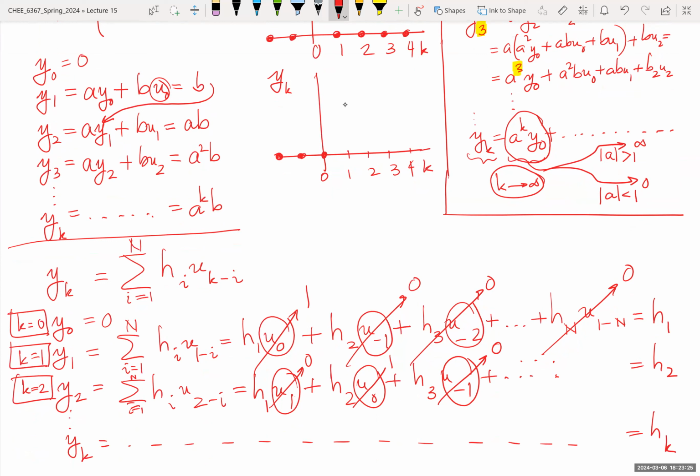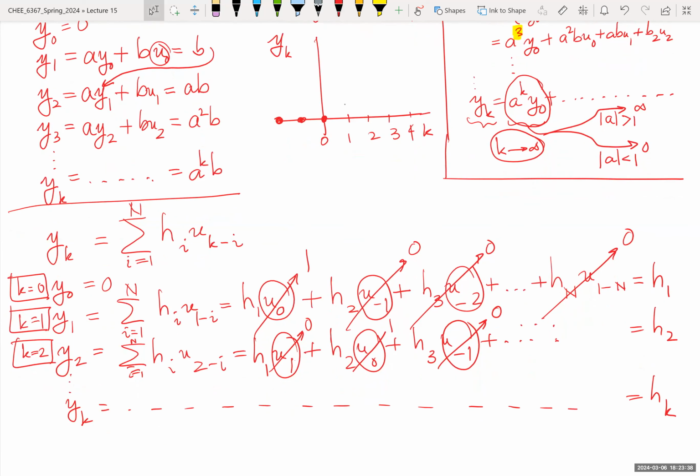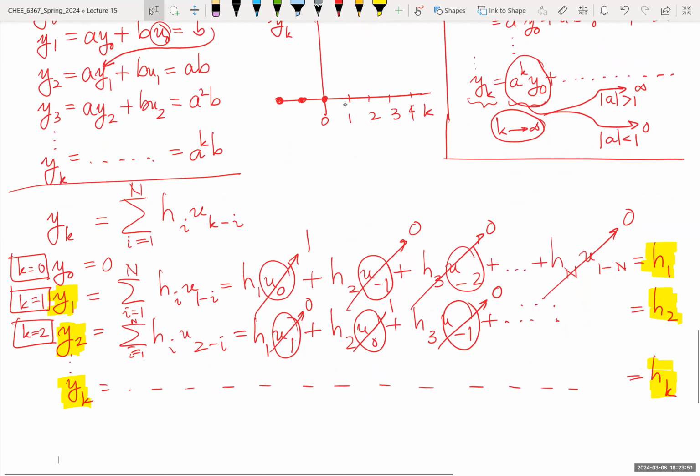So the model is called finite impulse response because the response is finite, it doesn't blow up, it's a stable system, and the response is such that y1 is equal to H1, and y2 is equal to H2, and y_k is equal to H_k.